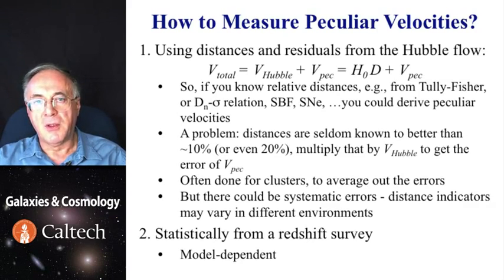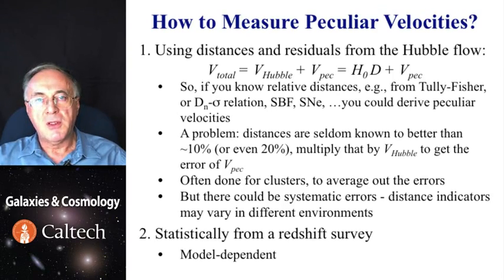If we go further, say, beyond the local supercluster, most of the velocity is due to Hubble expansion. But the fractional error of the distance times that Hubble velocity gives you the absolute error of the peculiar velocity, and so the sensitivity is much higher.